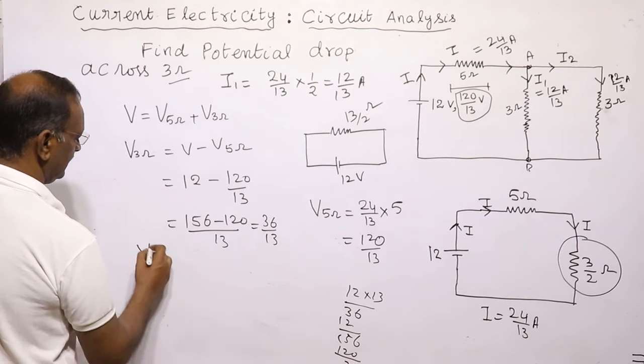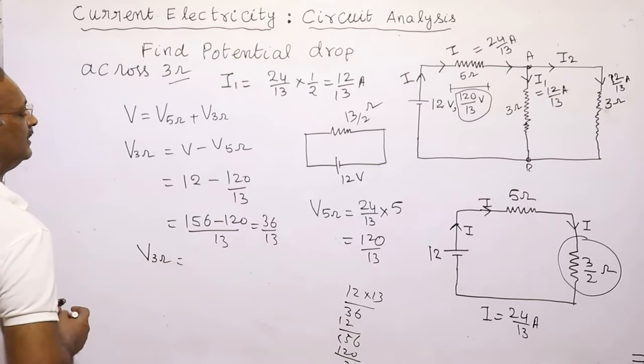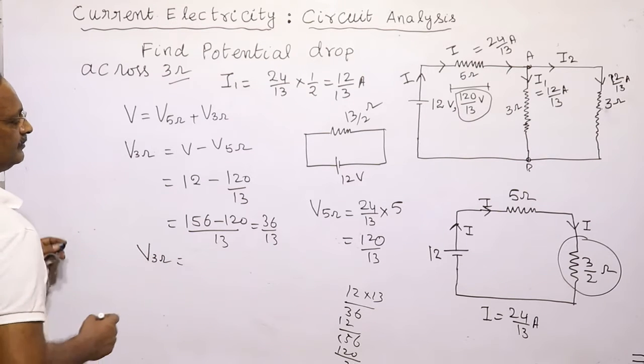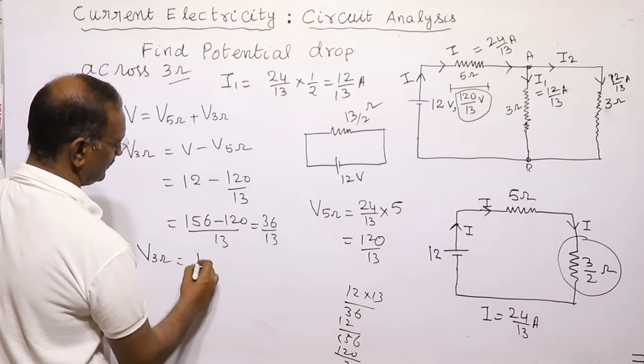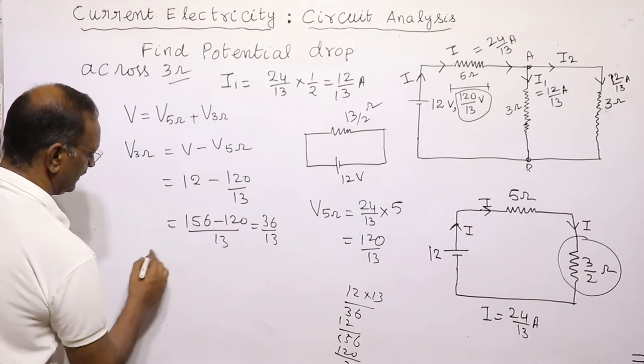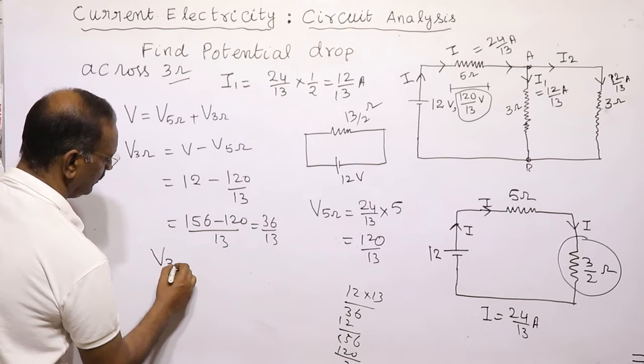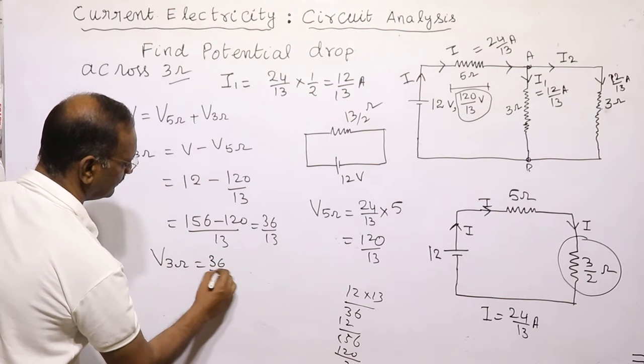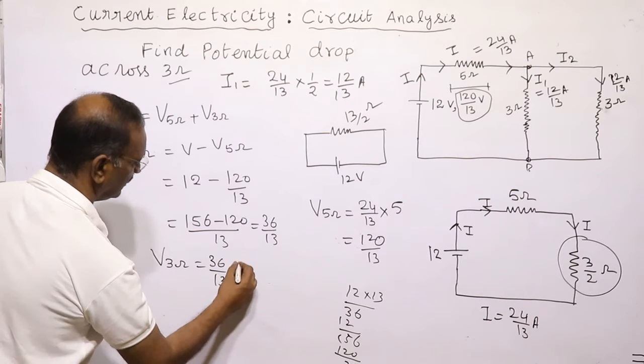So the voltage across 3 ohm is equal to 36 by 13 volt.